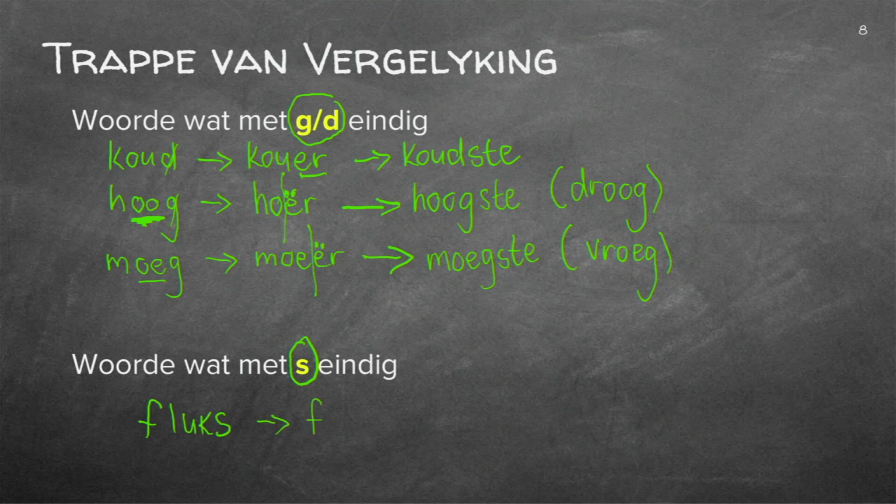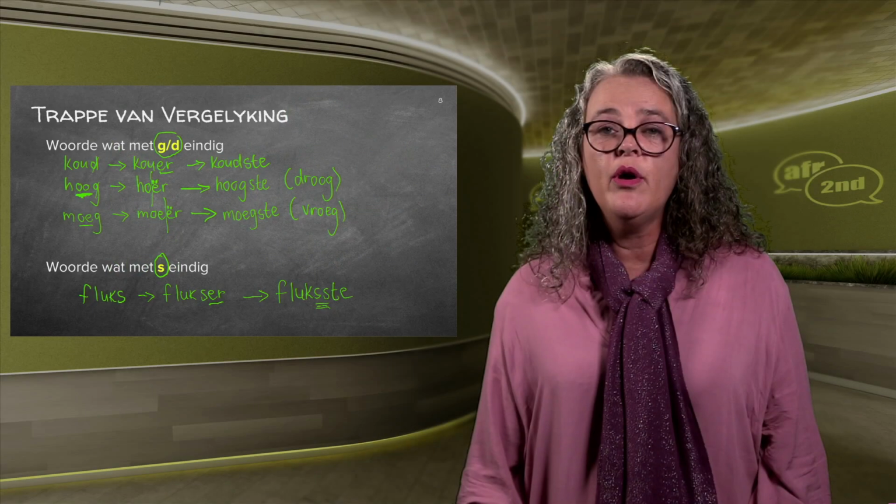In the second step, we add our ER, fluksir, only the ER, and then because this word already ends on an S, we're still going to add STE, which means we have a double S in our third step.